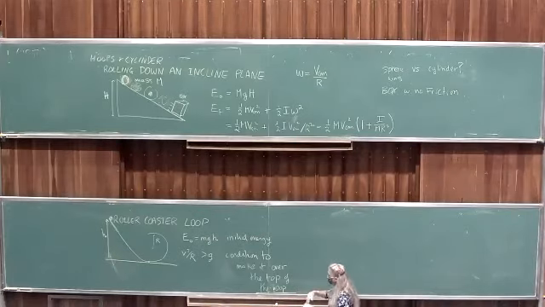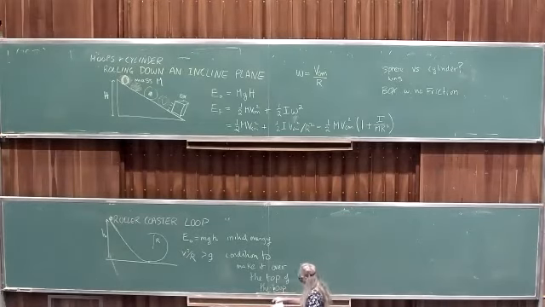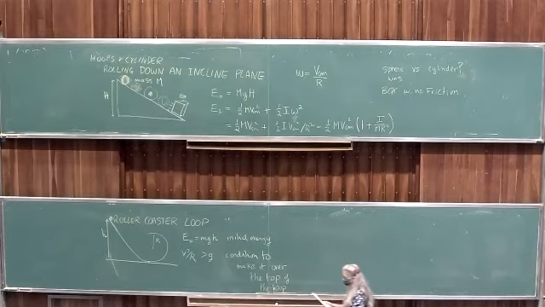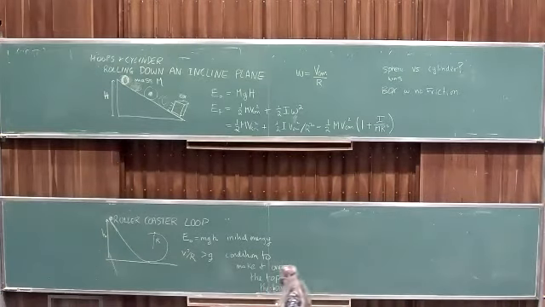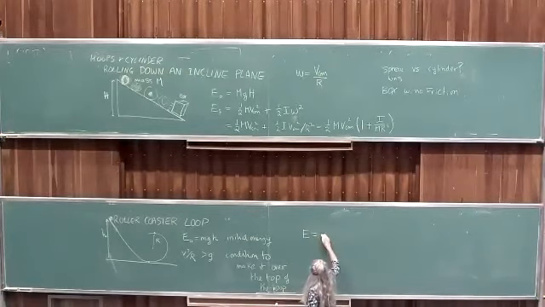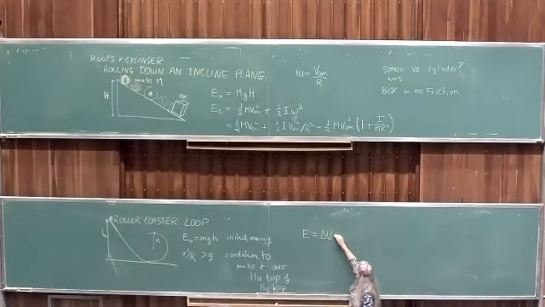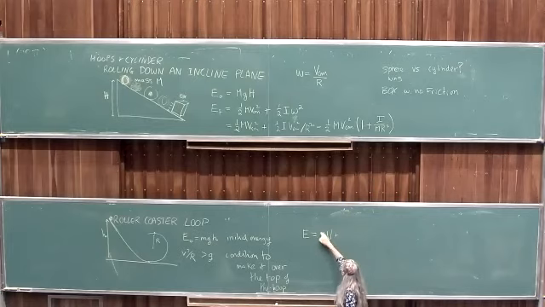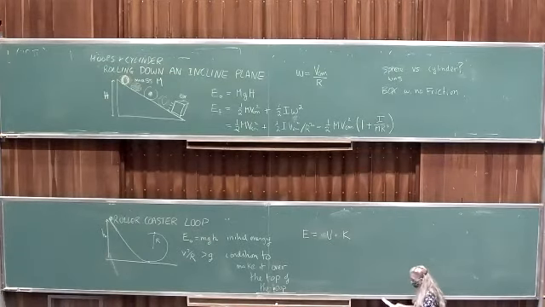So our goal is to figure out what h we need so that this is satisfied. So really we need to figure out what the total energy is here. The total energy there is going to be the potential energy at that point plus the kinetic energy at that point.